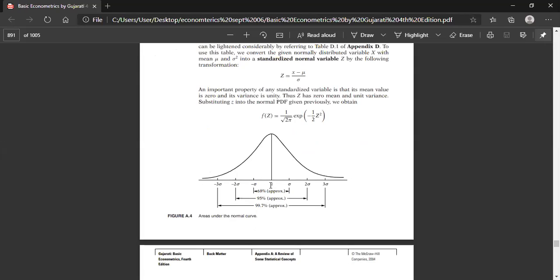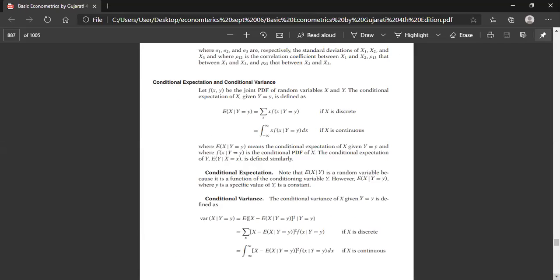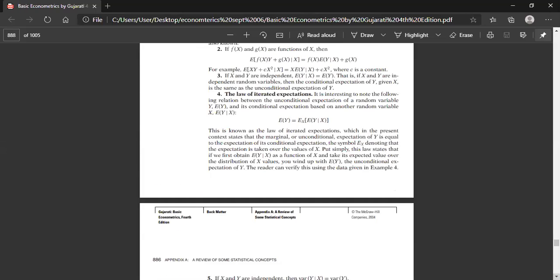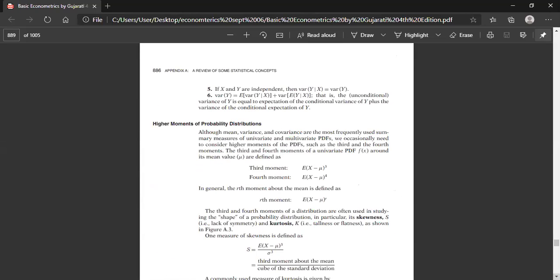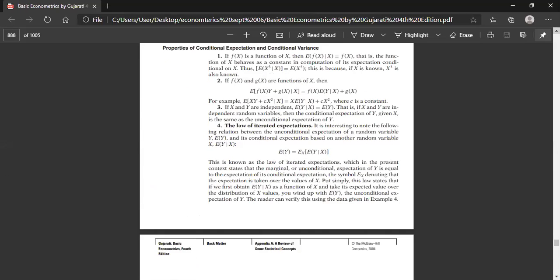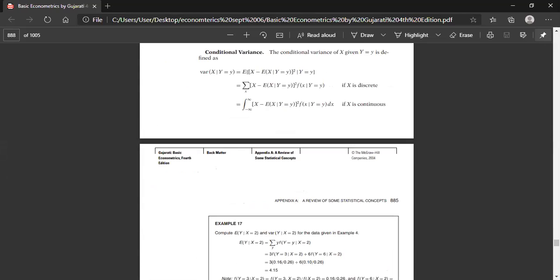So mu is the mean, and the variance is sigma square.